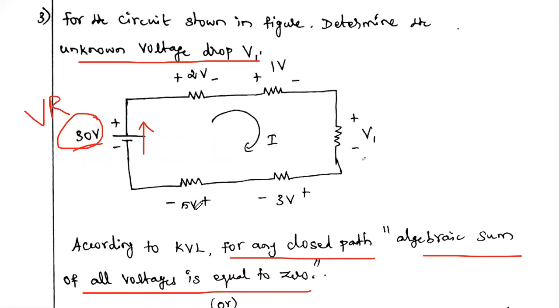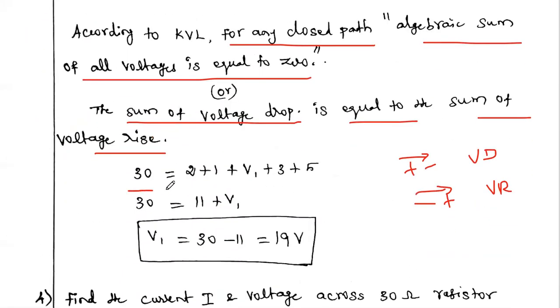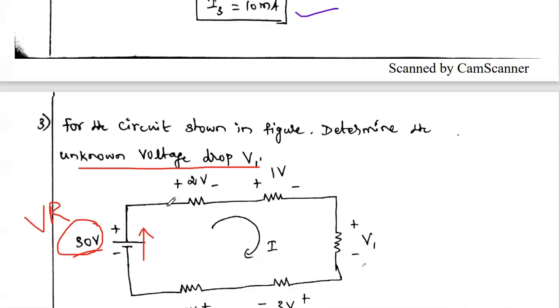The voltage rise you write on the left side. Then, across the first resistor, the potential goes plus to minus, from higher potential to lower potential, so this is a voltage drop.